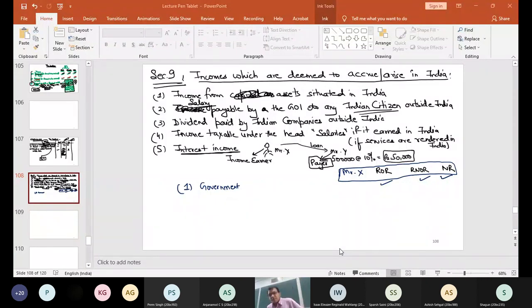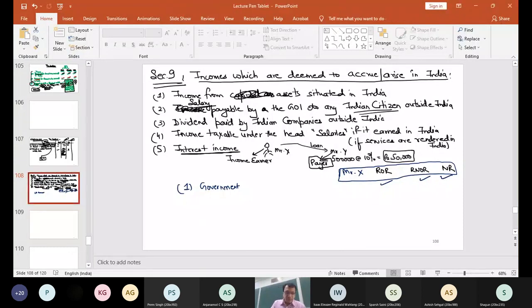So if the government has borrowed some amount from me, then whatever interest income I get will be treated as income deemed to accrue or arise in India, and it will be taxable in my hands whether I am ROR, RNOR or NR. Please raise your hand if this point about government is clear. Next point.